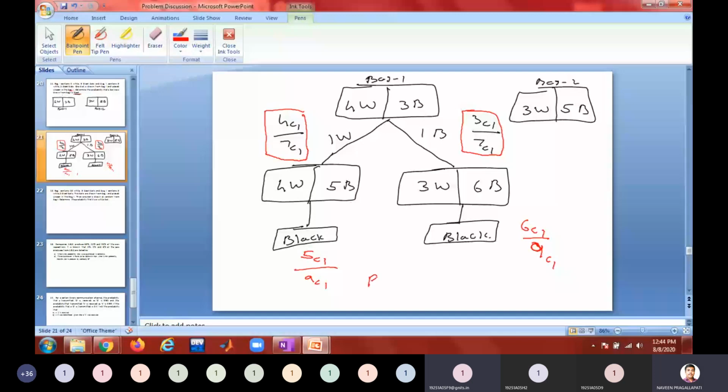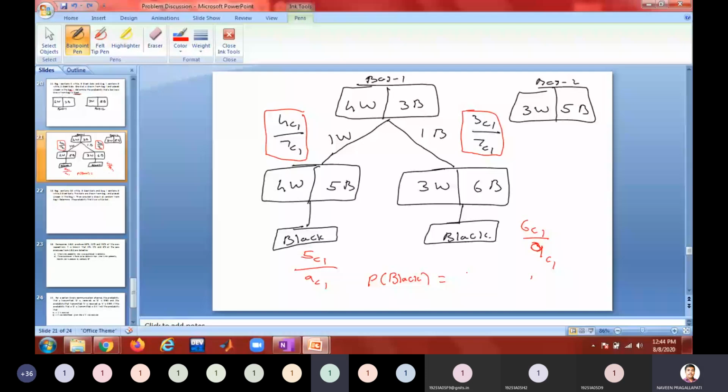Okay, so there are two tasks involved. Task 1 is taking a ball from bag 1. Right? So that is 4C1 by 7C1, that means 4 by 7 into 5 by 9.